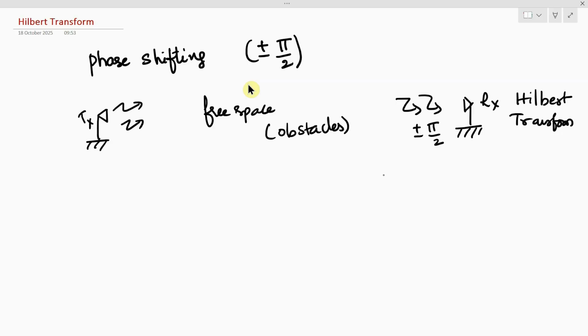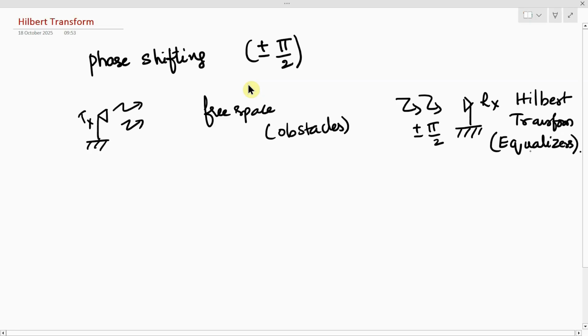Right. This is the reason we are using this Hilbert transform. And these phase shifters, generally in the case of communications, we call them equalizers, which you will come across in analog communication. So now, directly going into the Hilbert transform mathematical concept.